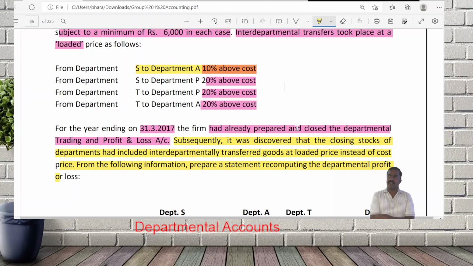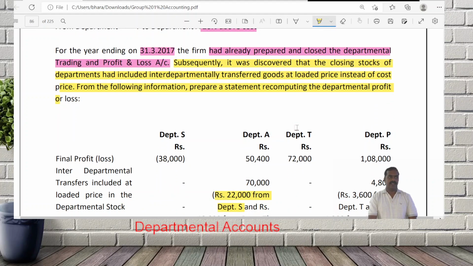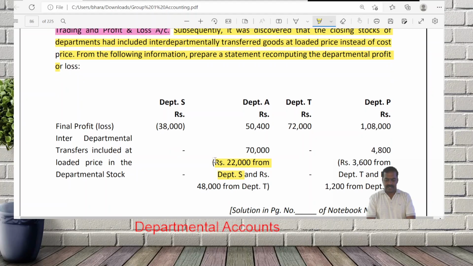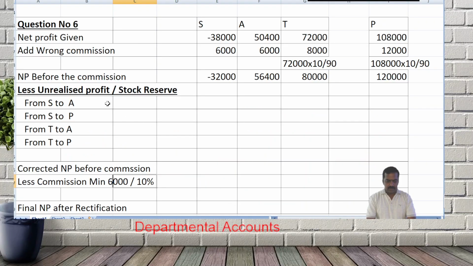Now on sales it will become 10 by 110. So when doing S to A, 22,000 into 10 by 110.